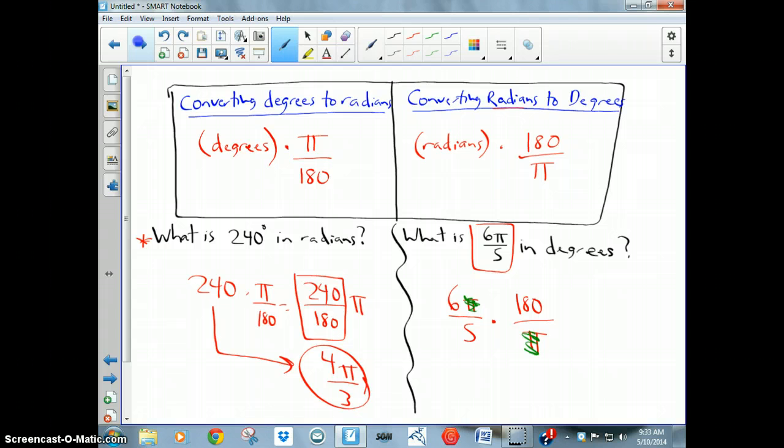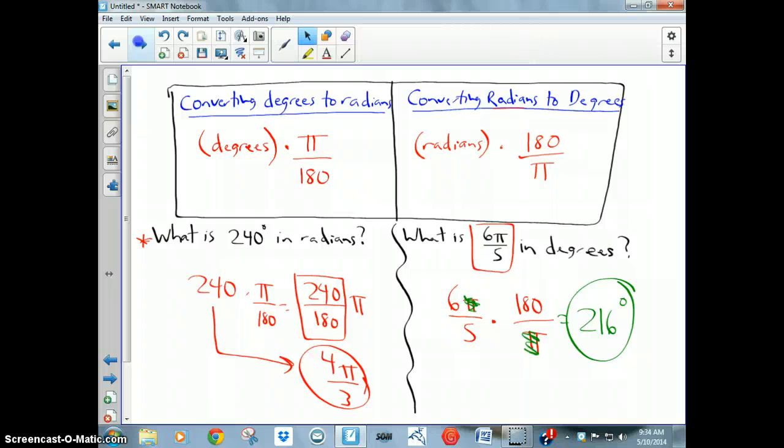So very simply, all I got to do is 180 times 6 divided by 5. And if you do that on your calculator, 180 times 6 divided by 5, you get 216 degrees. And people, that is the summary of what radians are and how they work. If you have further questions, please make sure that you ask me during class.